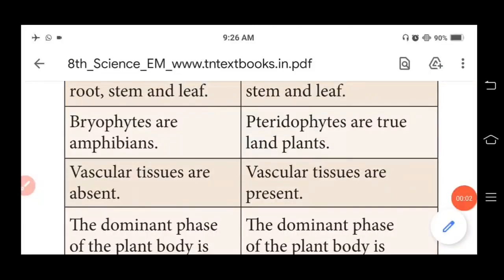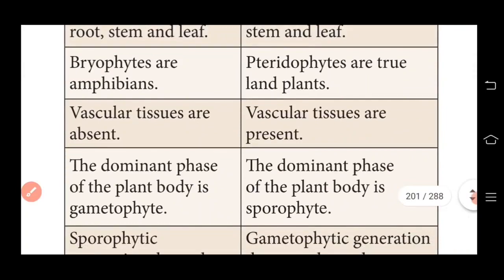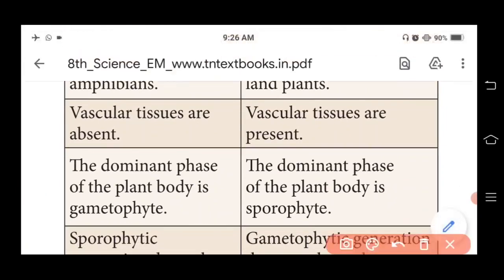In bryophytes, vascular tissue is absent, vascular tissue meaning xylem and phloem. In pteridophytes, vascular tissue is present. Fourth, the dominant phase of the bryophyte plant body is the gametophyte, while the dominant phase of the pteridophyte plant body is the sporophyte.